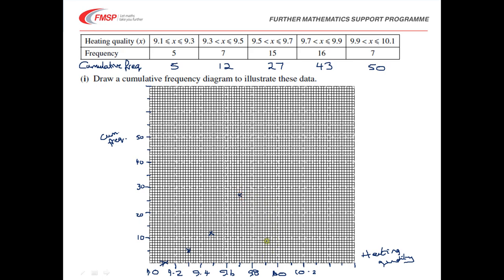At 9.9, we've reached 43. I make no promises for the accuracy of doing this on the screen. And 10.1 is 50. You then join those up with a smooth curve, which again will be much easier to do on paper.